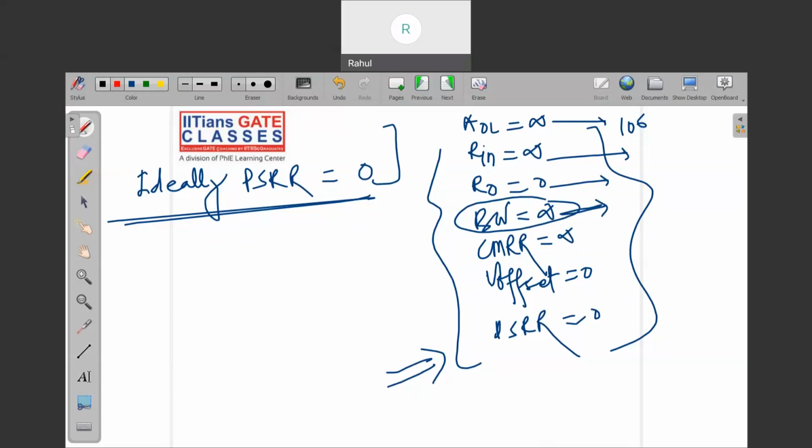CMRR is the ratio of differential gain upon ACM, always given in dB. For offset voltage, if there is no input there should not be any output, and PSRR is the change in the input offset voltage due to change in the input power supply. These things are very, very important which you need to keep in mind.